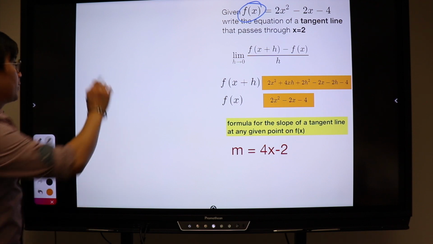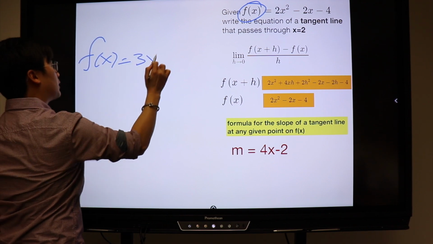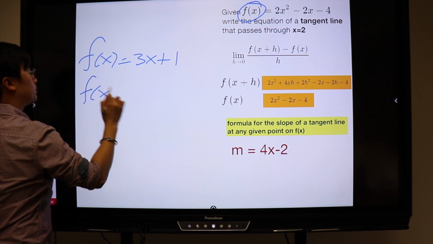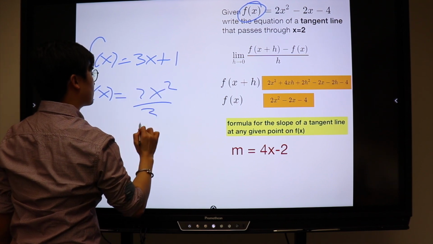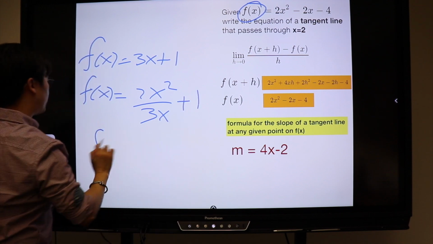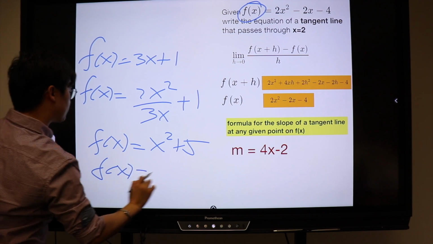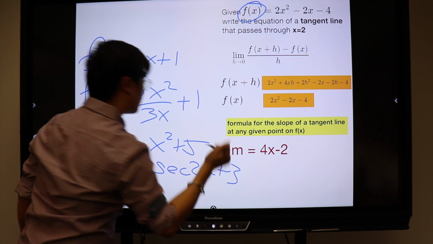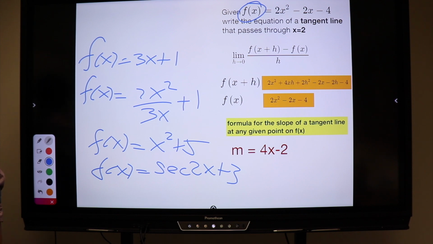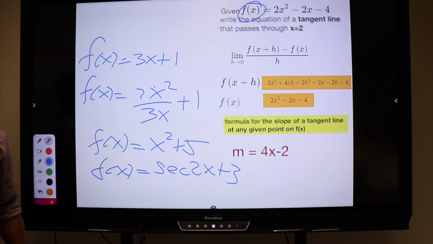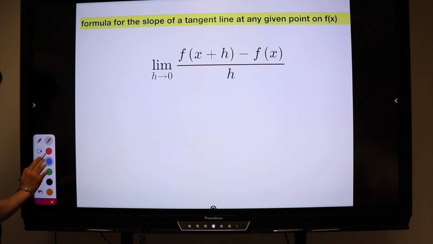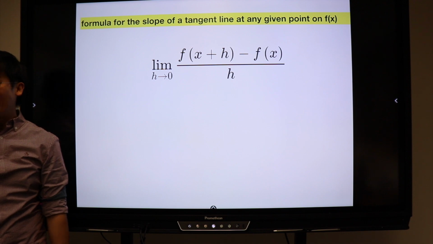So if you are given another function and you're asked to find the tangent line of a certain function on this given point, you're going to be using that formula over and over and over again, because this is the formula that will help you find your slope equation on a given function.